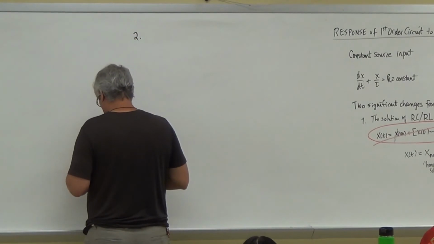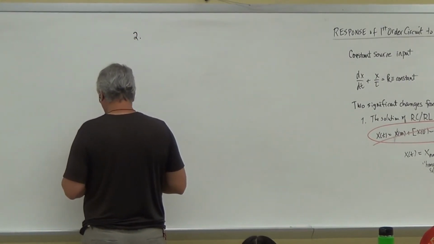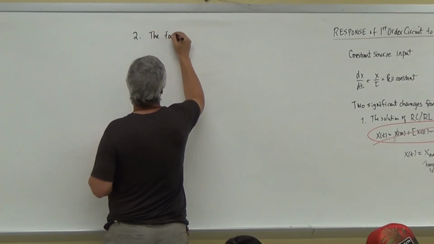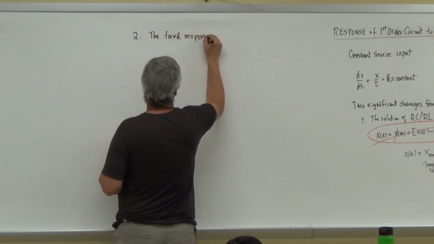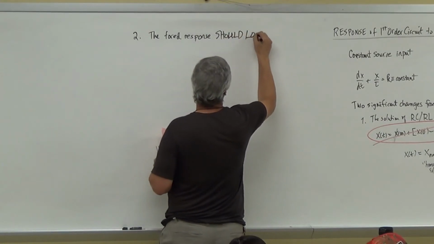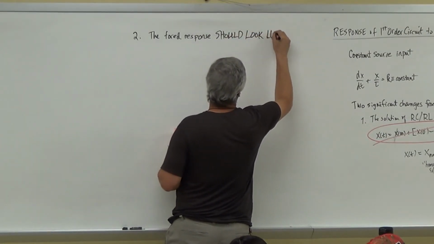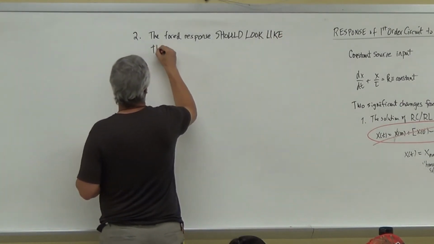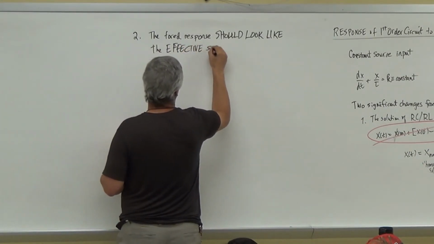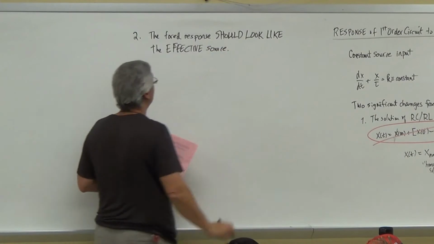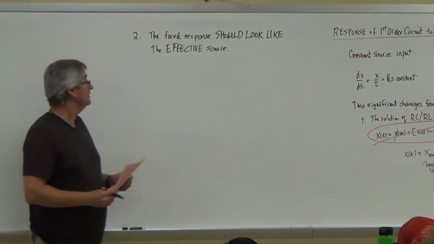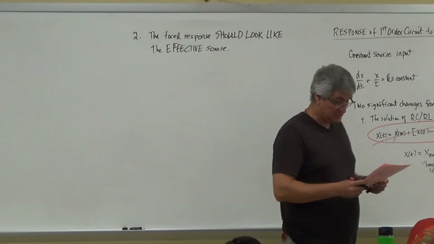And the next thing that we want to look at is that the forced response should look like the effective source. The forced response should look exactly like the effective source. So what do I mean by this?